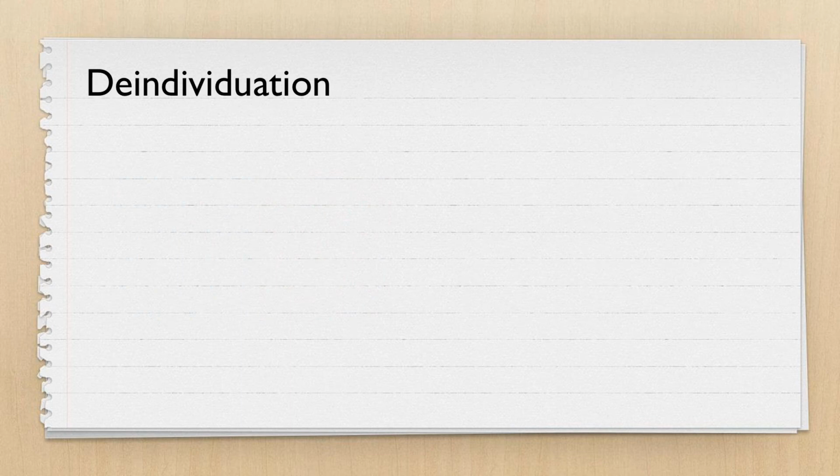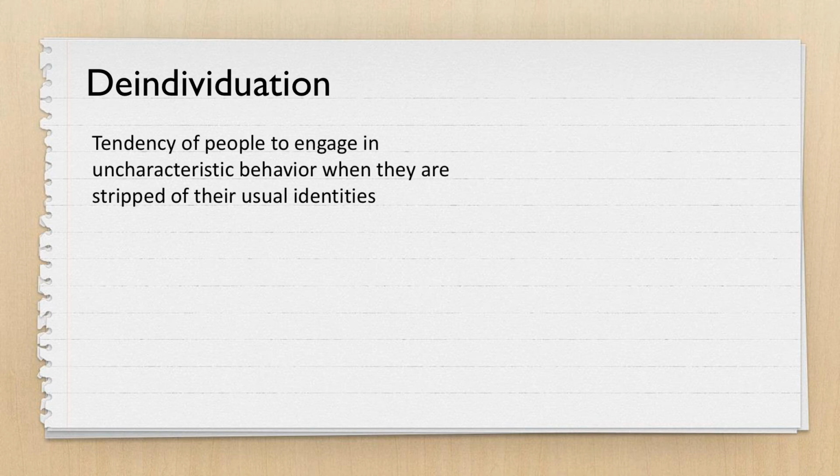One process that can make us more vulnerable to conformity is de-individuation. It is the tendency of people to engage in uncharacteristic behavior when they are stripped of their usual identities. The most prominent factors contributing to de-individuation are a feeling of being anonymous and a lack of personal responsibility.